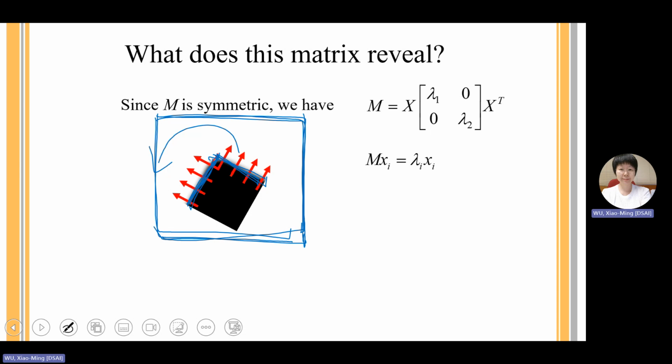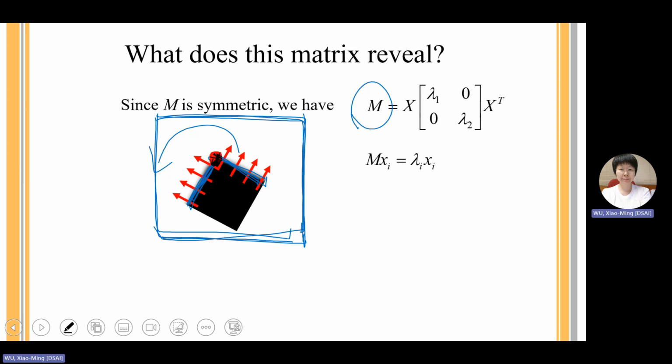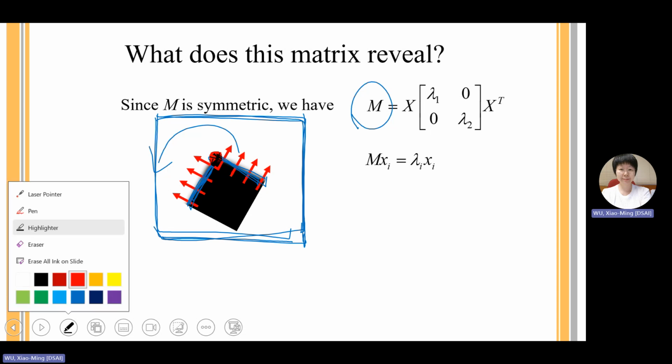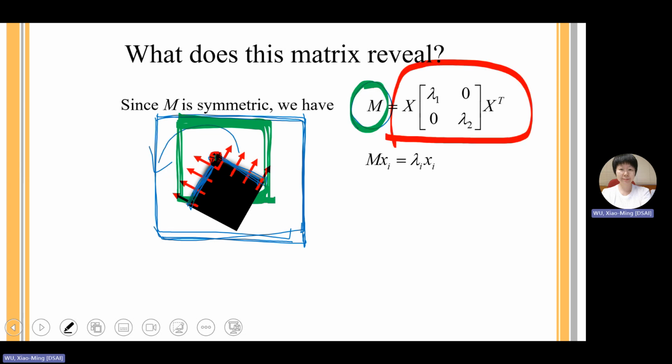Okay, so in this case, the second moment matrix M, for this corner point, and we look at, for example, this window, can be expressed like this, where X represents a rotation matrix, which means the corner is rotated.